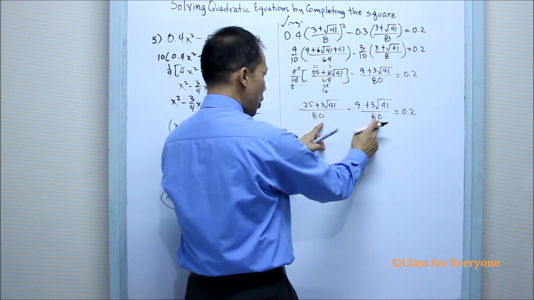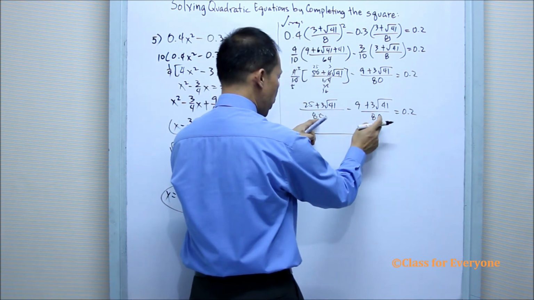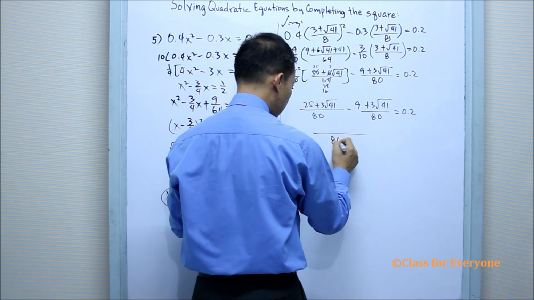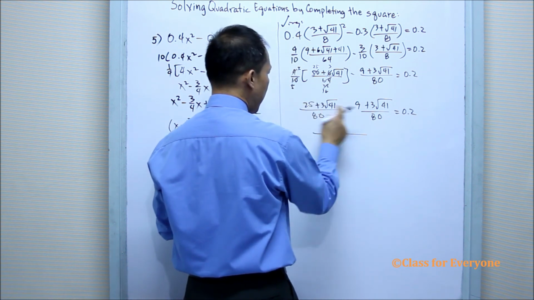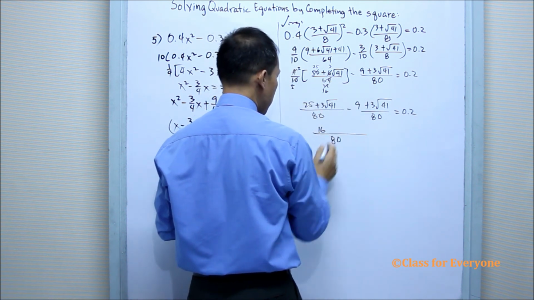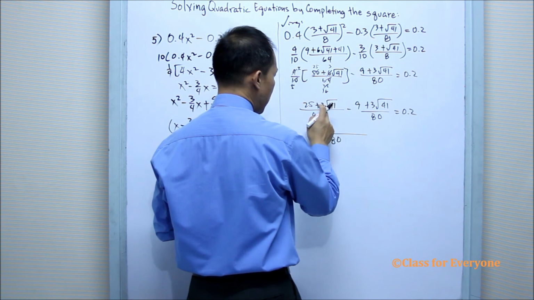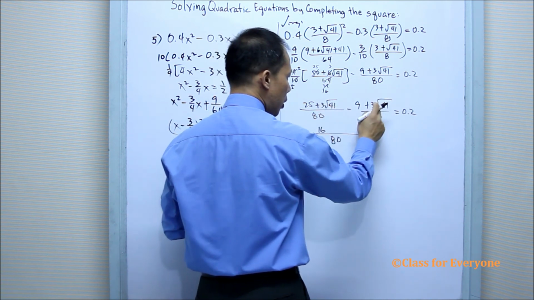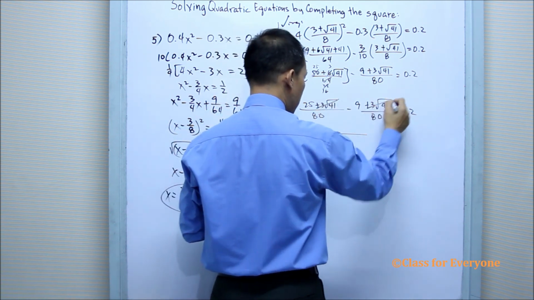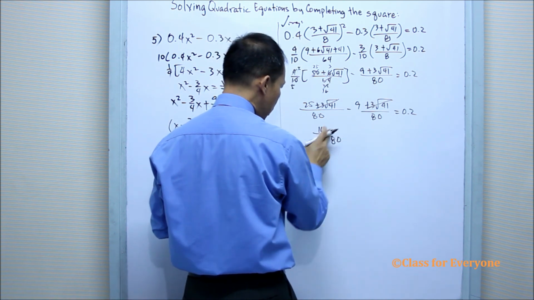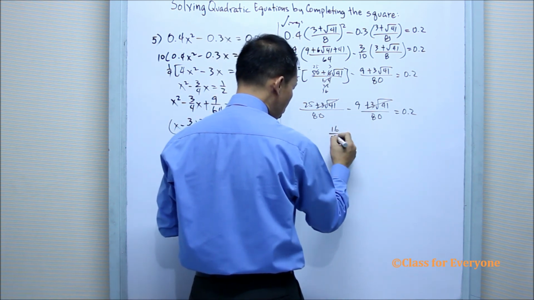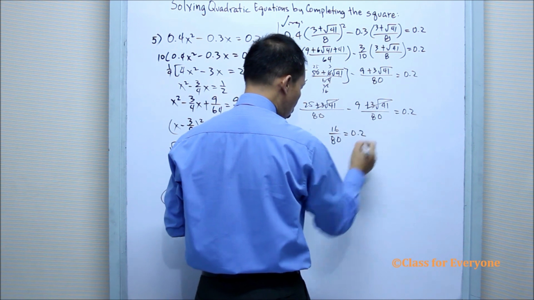They have the same denominator, so we can combine this. 25 minus 9 is 16. 3 times square root of 41 minus 3 times square root of 41, we can cancel this. So this will be now 16 over 80 equals 0.2.